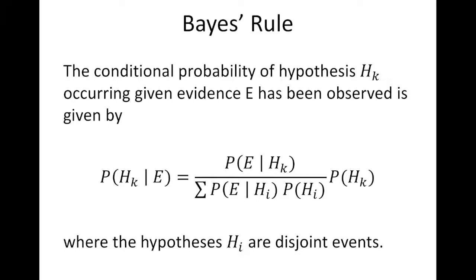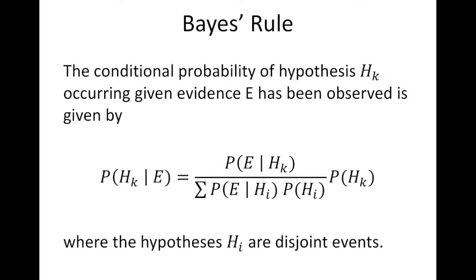But recall from the previous problem example with the urns and the balls that whole denominator, while it's the probability of the evidence, P of E, we've broken that down through several equations to get down to this final representation here. So there's a sum of quantities, and each one of those quantities is a likelihood of observing the evidence given a hypothesis times the probability of that hypothesis being true.